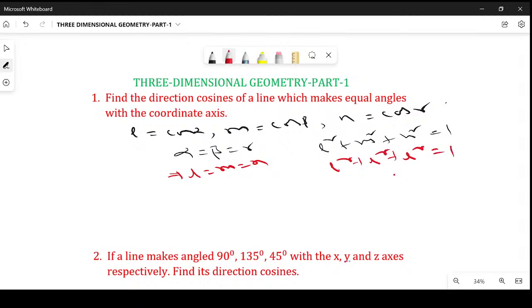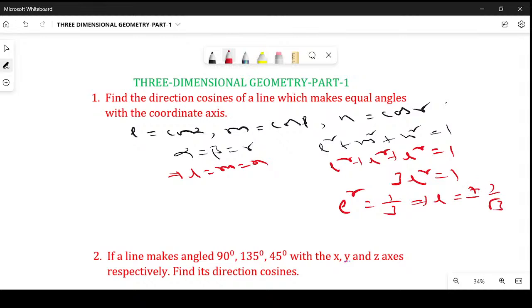Now 3 l square is equal to 1. Then l square is equal to 1 by 3, and l is equal to plus or minus 1 by root 3. Correct, I can write l equal to plus or minus 1 by root 3.